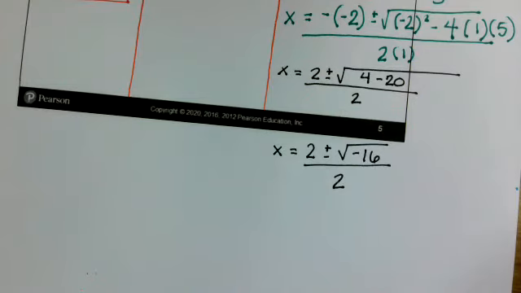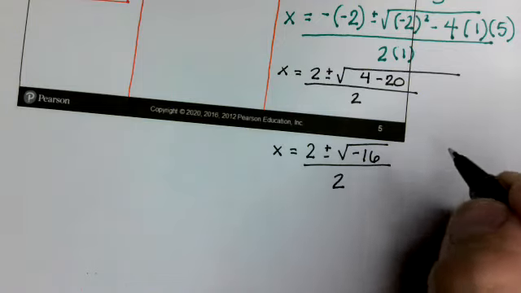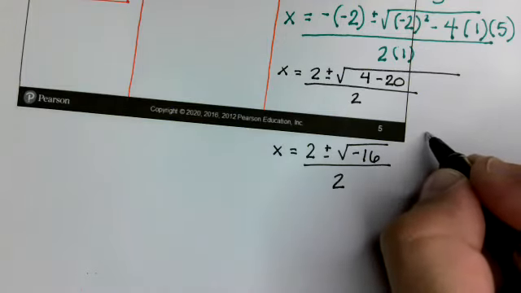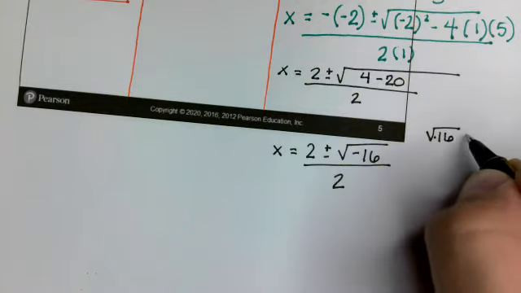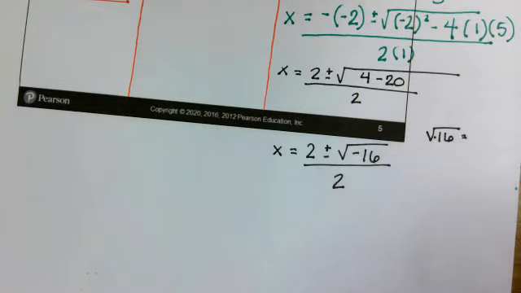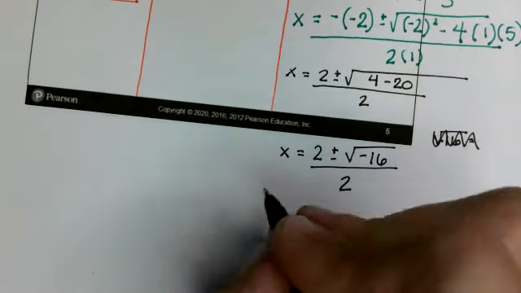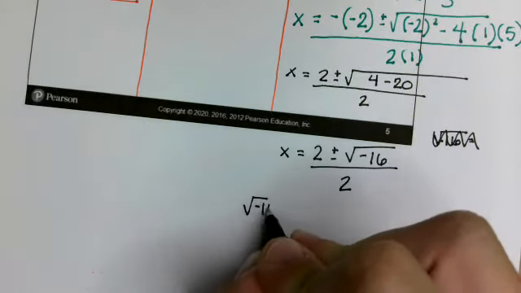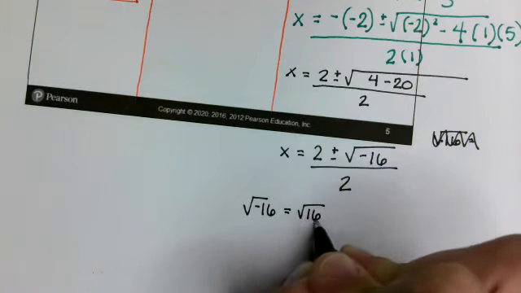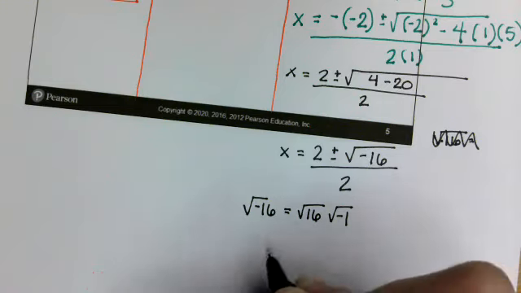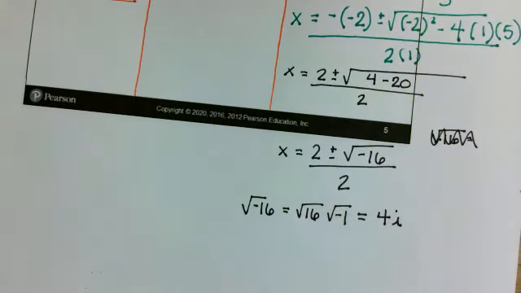But actually, we know that the square root of negative 16 can become the square root of 16 times the square root of negative 1, which becomes 4i.